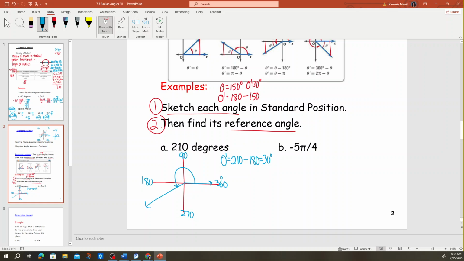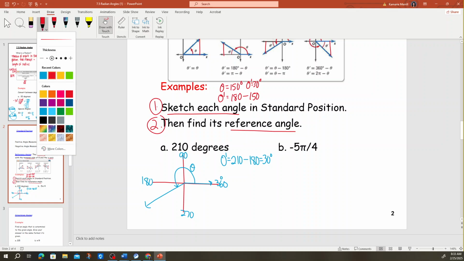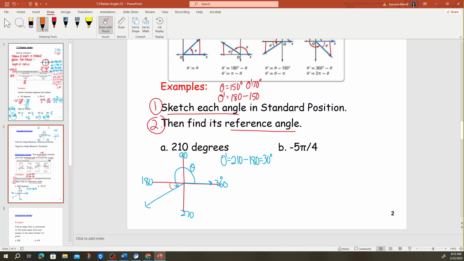This was theta, and then you label your reference angle, and I'm going to do that in orange. You label it like this and say, my reference angle, theta prime, is 30. Does that make sense? Theta is what put me there. Theta prime, with a little apostrophe, stands for prime in math, and is the reference angle. Cool? Let's do it in radians.